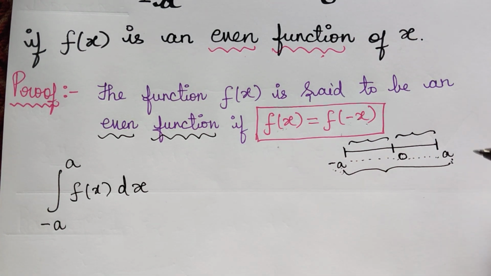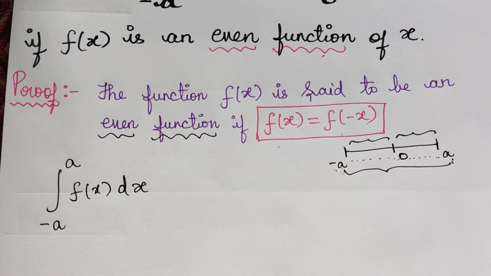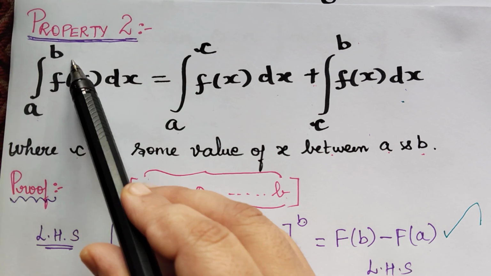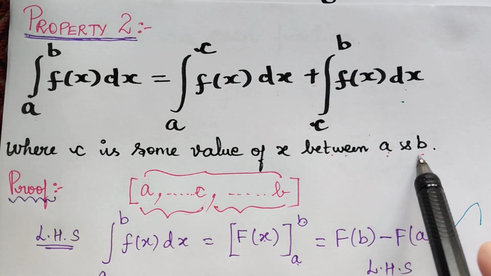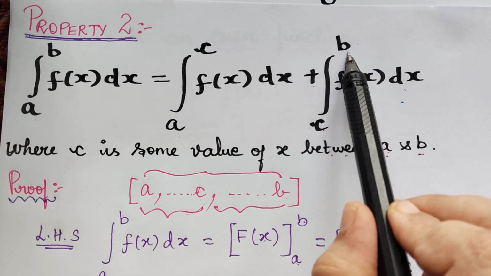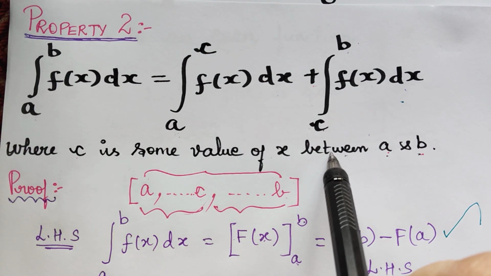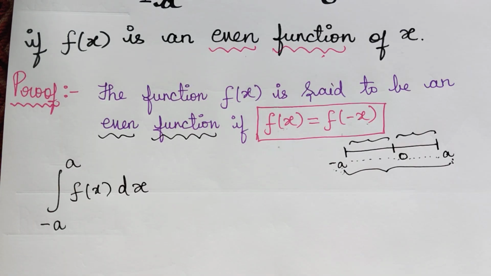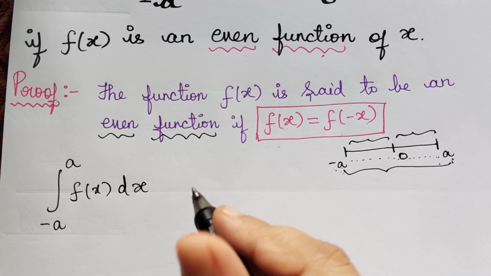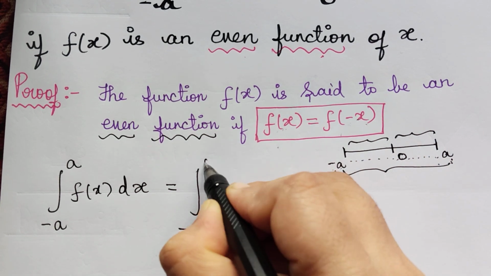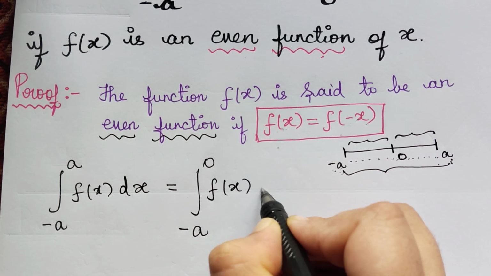And how can we write that? By using property 2 which we have learnt. Property 2 says that if we have the integral from a to b and c is any value between a and b, then we can split up the integral as a to c plus c to b. Now what is the value of c over here? It is 0. So 0 lies between minus a and plus a, and so this integral can be split up and written as integral minus a to 0 f of x dx.